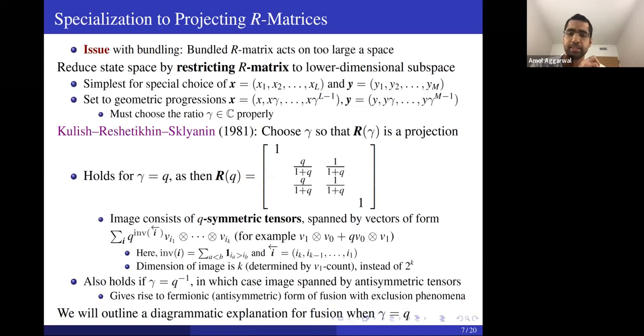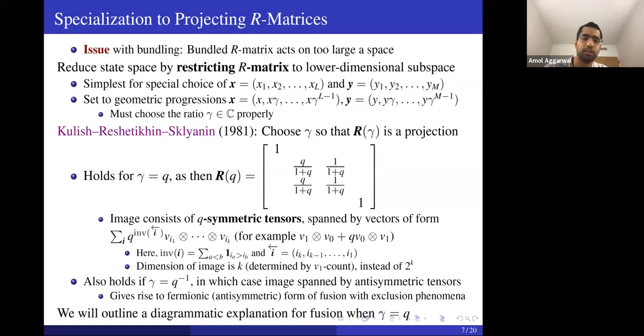Its image consists of what are known as Q-symmetric tensors, namely tensors of this form: I sum over all index sets I, and I look at Q to the number of inversions in I times v_{I1} tensor v_{I2}, etc. The most basic example is k equal to 2, in which case an example of a Q-symmetric tensor is v1 tensor v0 plus Q times v0 tensor v1.